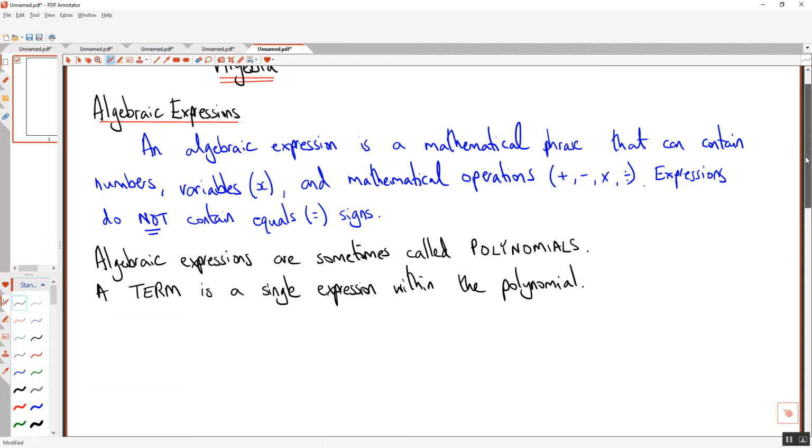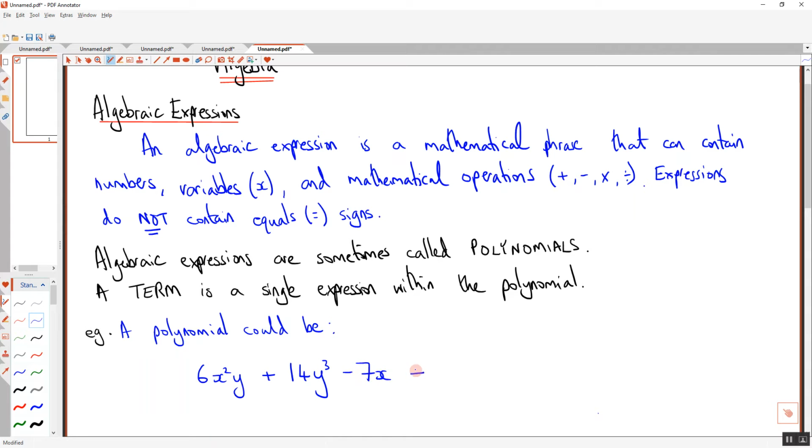So I'll show you what I mean, just in case it's not very clear, but I'll wait for everybody. Remember, polynomial is just an algebraic expression. So an example of one could be something like, we could say, 6x squared y plus 14, y cubed minus 7x plus 15.